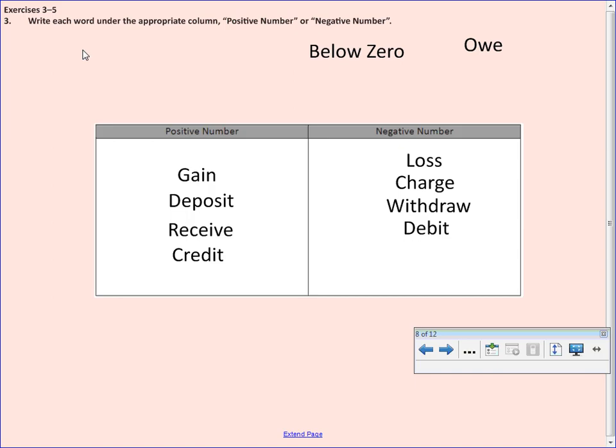I bet all your parents have a debit card where they're withdrawing money from their account. They're taking it out of their balance. Below zero, negative. If you owe me money, negative. All right, so those are some key words that would give you information on whether it's a positive or negative number. Try number 4 on your own.